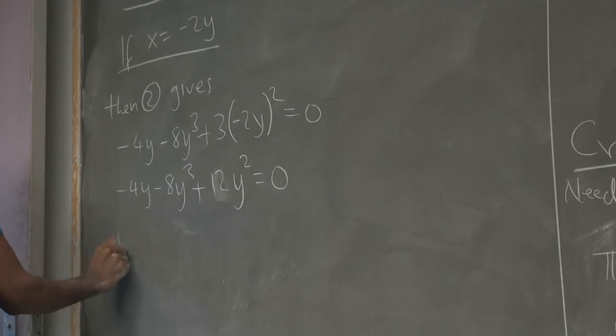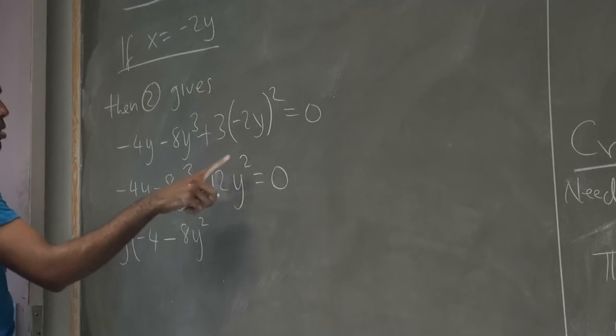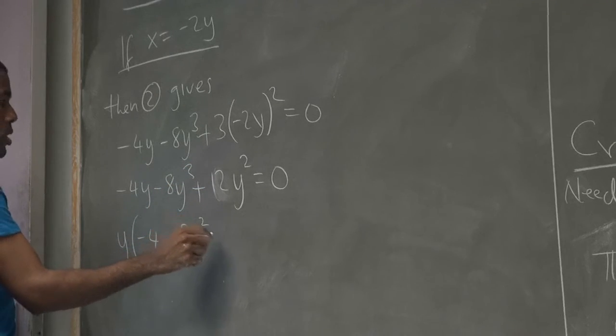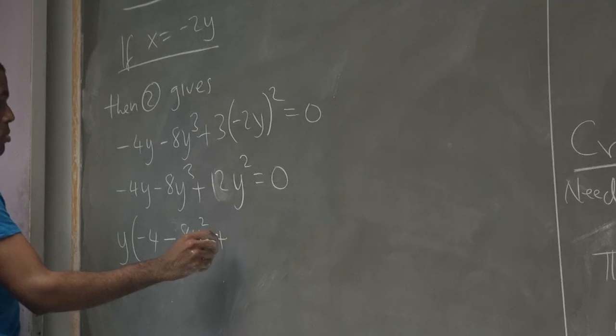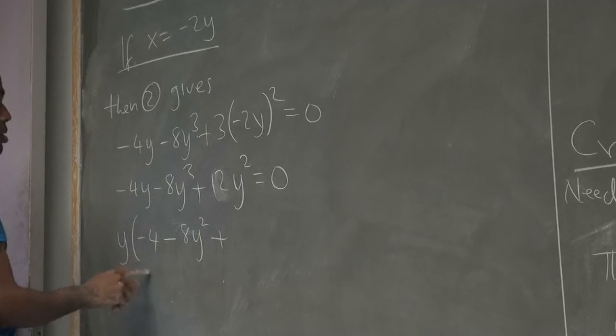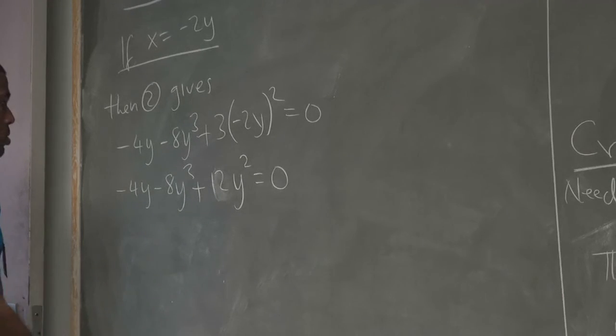Right, so now I can take out y. And I would have minus 4 minus 8y squared. You could take out the 4 as well. Yeah, I could take out a 4. So I want to take out a minus 4 or a positive 4.